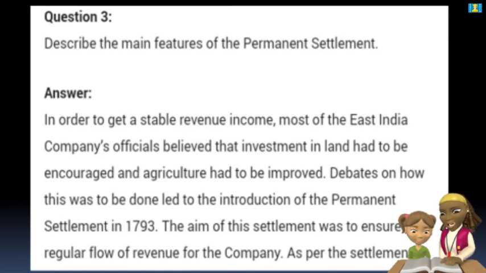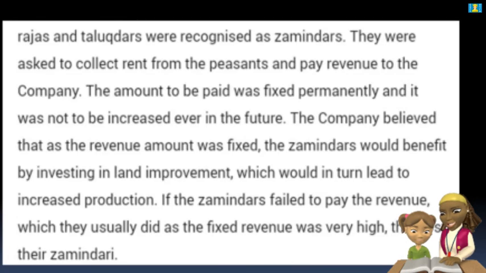As per the settlement, Rajas and Talukdars were recognized as Zamindars. They were asked to collect rent from the peasants and pay revenue to the company. The amount to be paid was fixed permanently and it was not to be increased ever in the future.